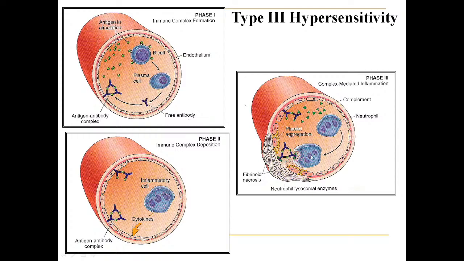Immune cells, basophils, mast cells and neutrophils produce pro-inflammatory cytokines, and it causes inflammation at the site of deposition of immune complexes. It causes damage and disruption of tissues. In this case, necrosis of blood vessels.